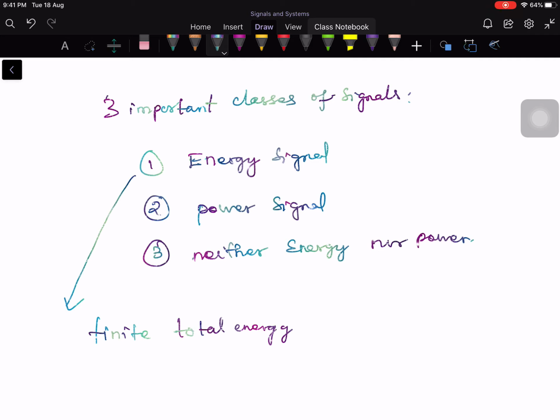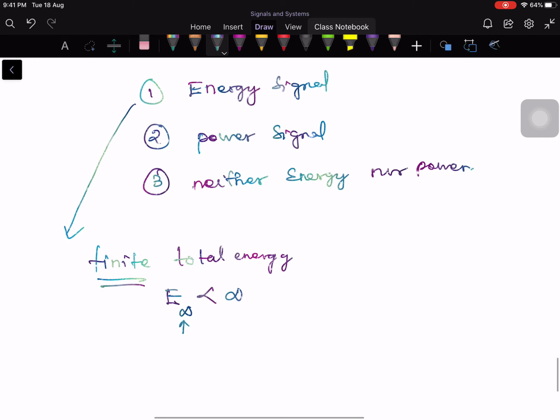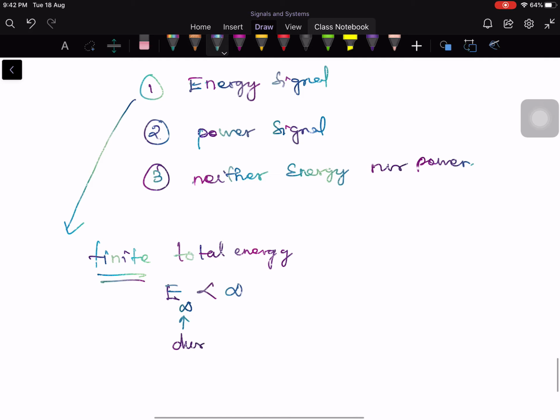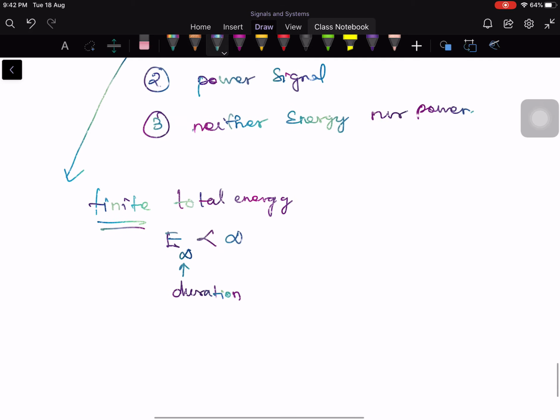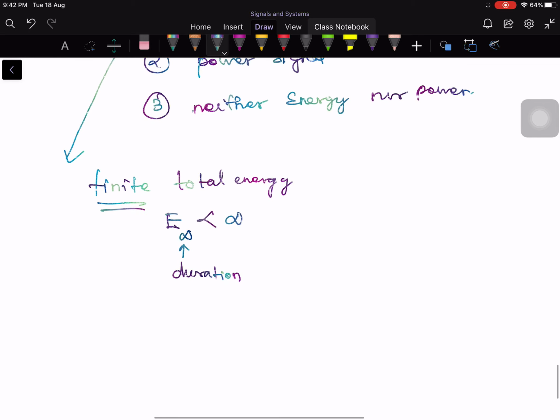Therefore, when I say finite, it should be less than infinity, and here this infinity indicates duration. Such a signal must have zero average power. So whenever you say a signal is a finite energy signal, or an energy signal, then the power should be zero.